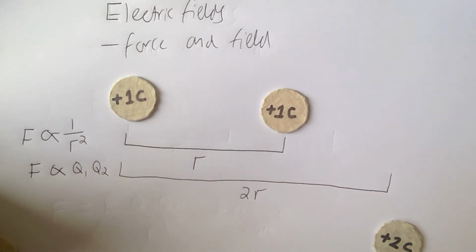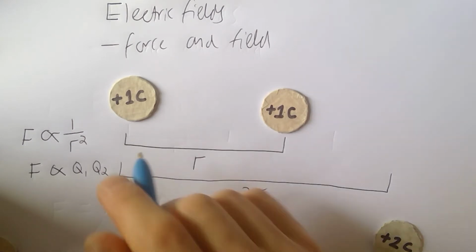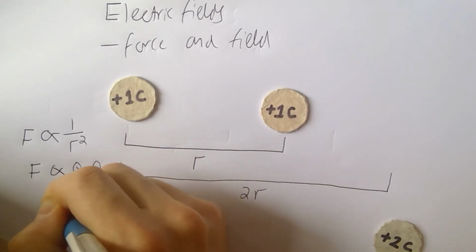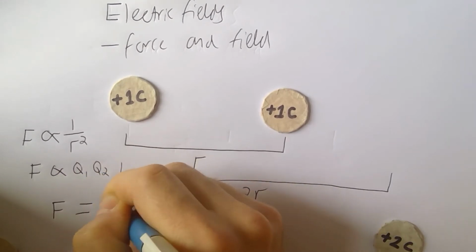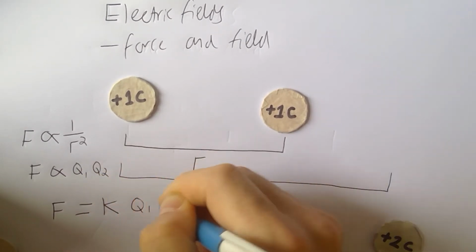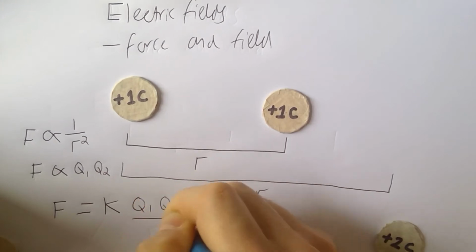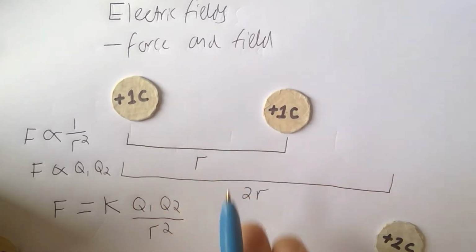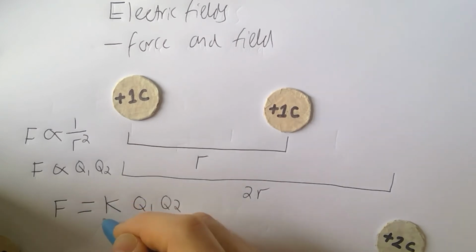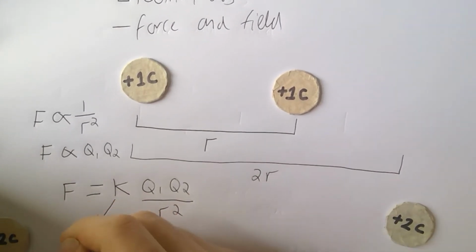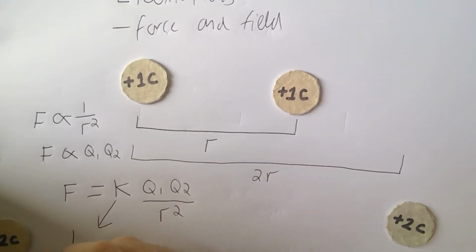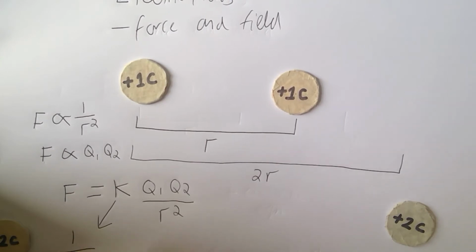Now, it's much more convenient if we can actually have an equals in there, come up with an equation. Force equals some constant, Q1 Q2 over R squared. This constant K equals 1 over 4 pi epsilon naught.